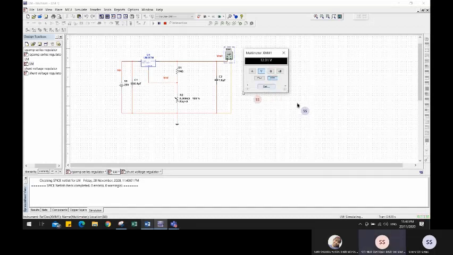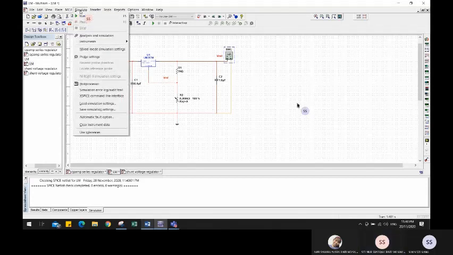The minimum volt here is 1.25, and the maximum volt is 12 volt. We use 20 volt for V in because our V out is 12 volt, so V in needs to be higher than V out.